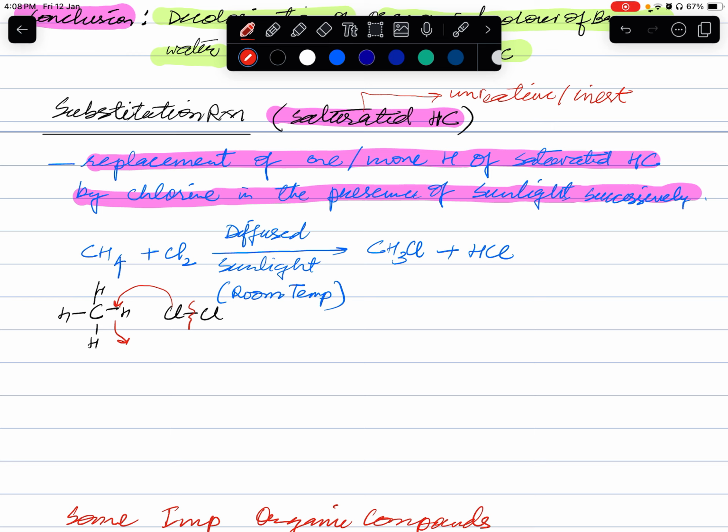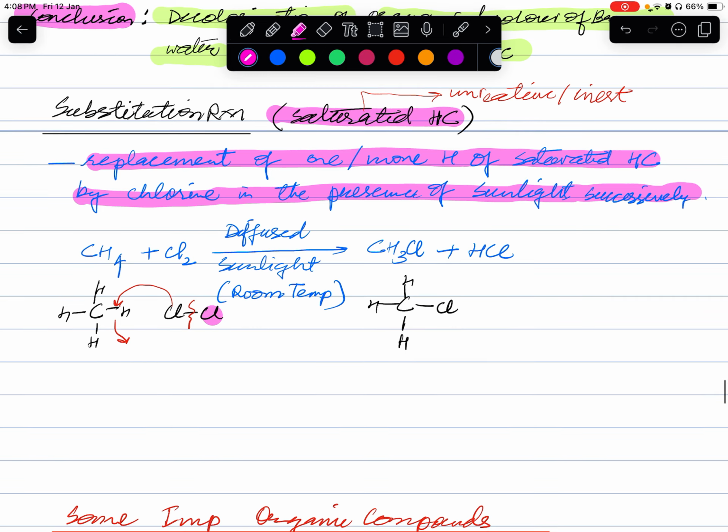So what product are we getting? We will be getting carbon, hydrogen, and then chlorine here. Now what is left? One chlorine is left. So one chlorine comes here, and one chlorine will go here and combine with the hydrogen which is being displaced.